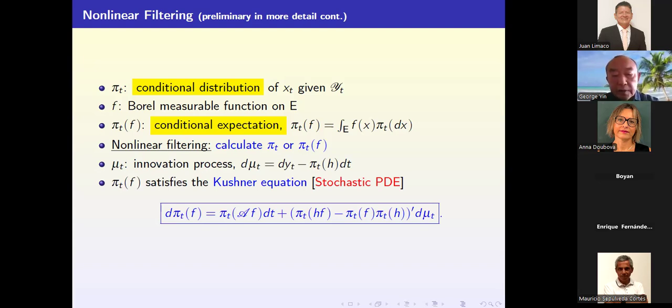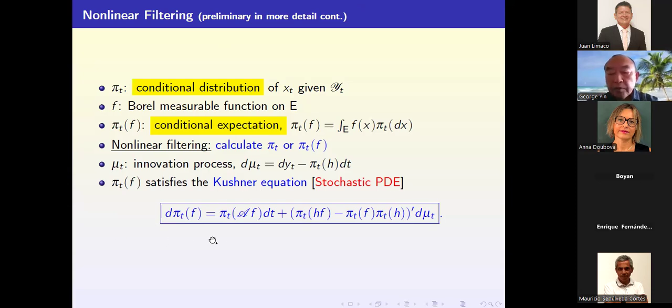In the 1960s, the well-known Kushner's equation was obtained. This seminar is about the PDE. The differential equation we are looking at is actually a stochastic partial differential equation.